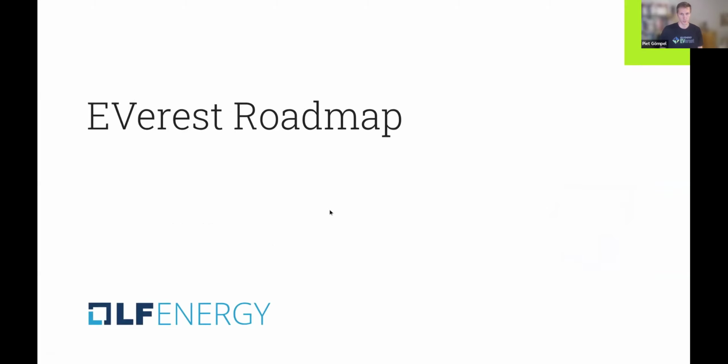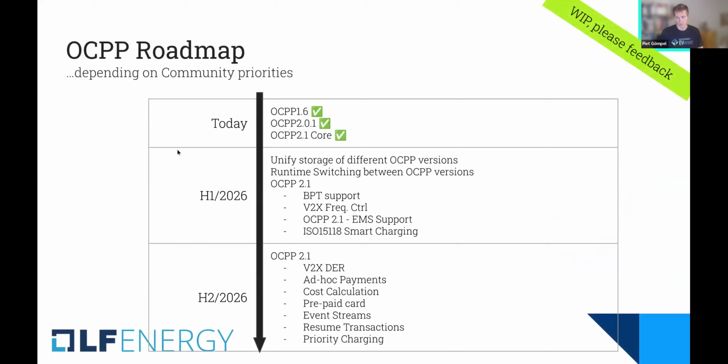Okay, we also want to have a quick look at the roadmap ahead with you. This is still a little bit of a preliminary roadmap, so it also depends on feedback from you as the community and the respective priorities. For OCPP, what we have today is full implementation of 1.6, 2.0.1 and also 2.1 core.